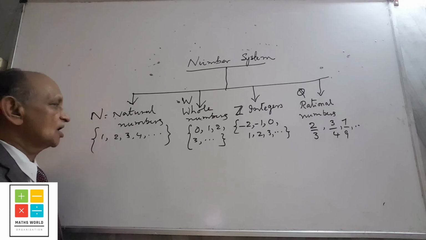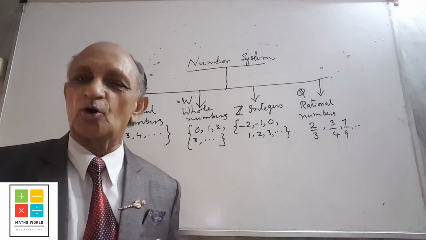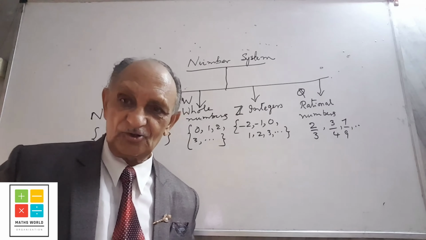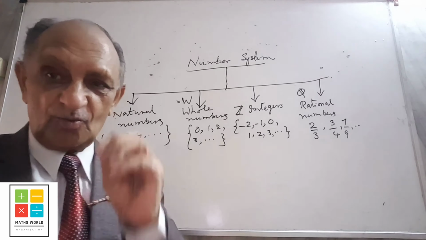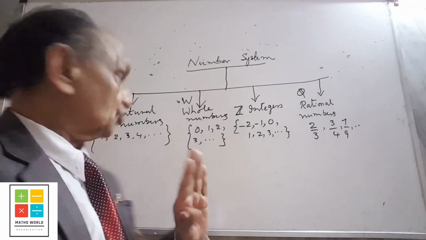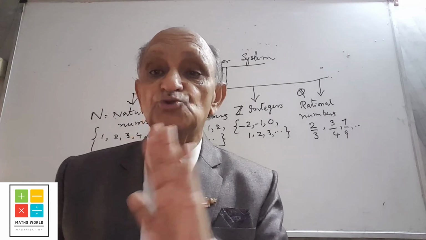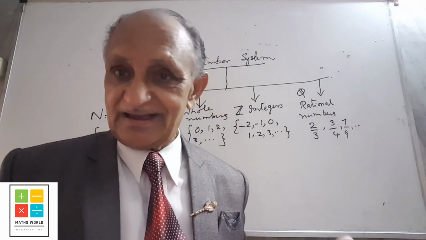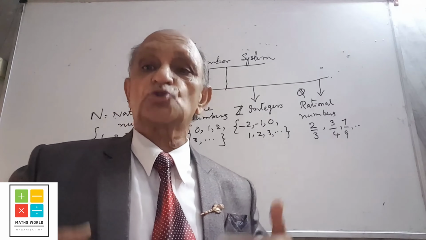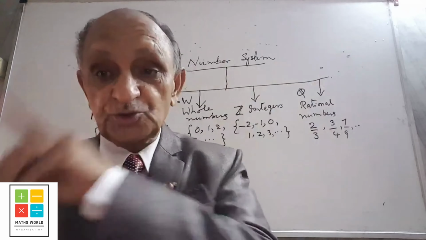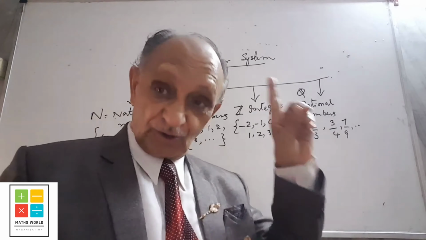First, let me just say this. Natural numbers are numbers which we use for counting: 1, 2, 3, 4, 5. Here, you must know that we have not included 0. 0 is not a natural number because, as I told you, natural numbers are counting numbers. Do you count 0, 1, 2, 3? No. We start only with 1, 2, 3.